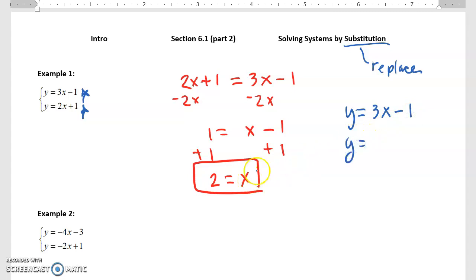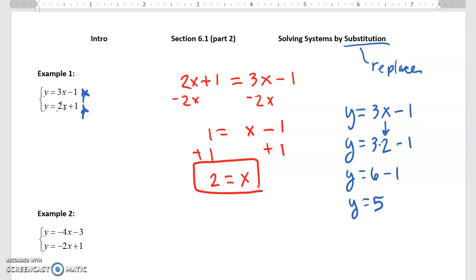Because I solved for x, I go back to this equation and substitute 2, my solution value for x, into the equation, and I get y equals 5. If I substitute 2 in for x in the second equation, 2 times 2 is 4, and 4 plus 1 is also 5. So I do get the same y value no matter which equation I used.